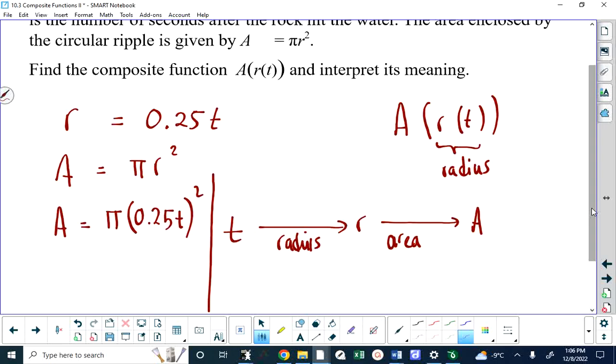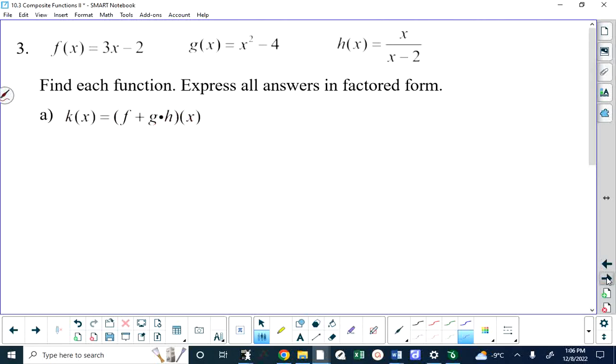When I square a quarter, I get 1/16. So we get the area is equal to pi over 16 times the time squared. And I hope that at least if you've seen this and you see something similar on an exam, you don't stare at it and go, what does this have to do with Math 30? It's a composite function.